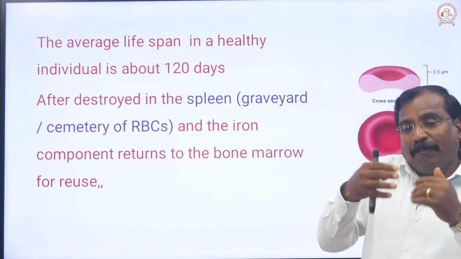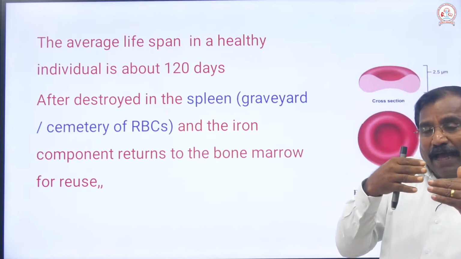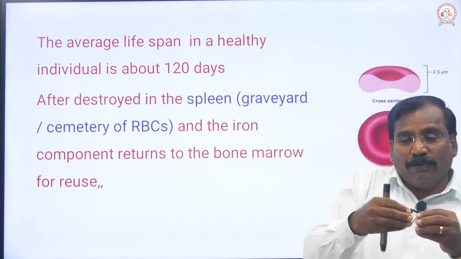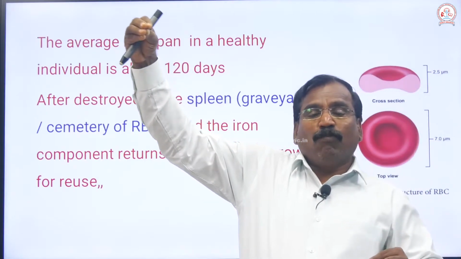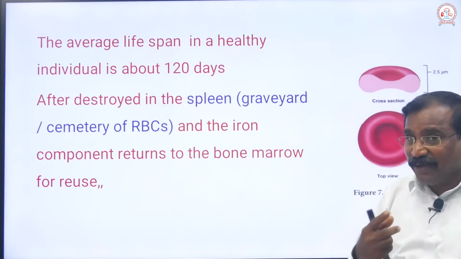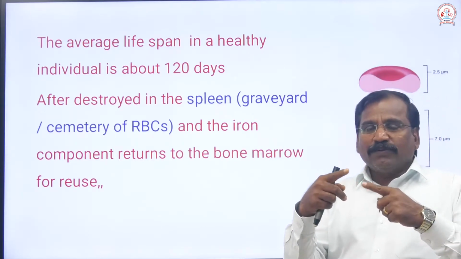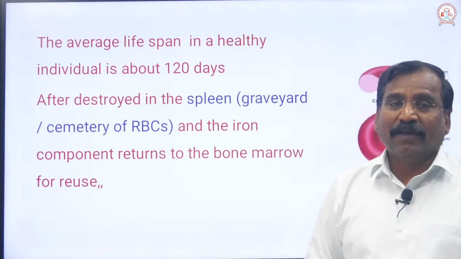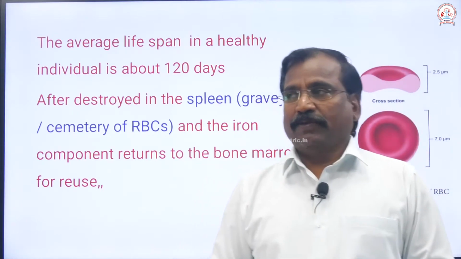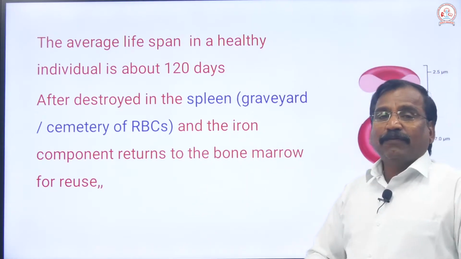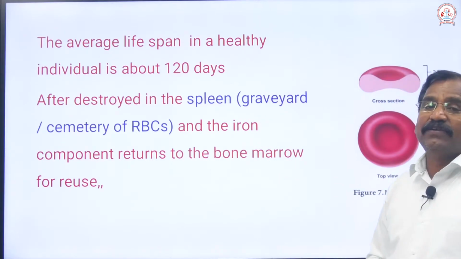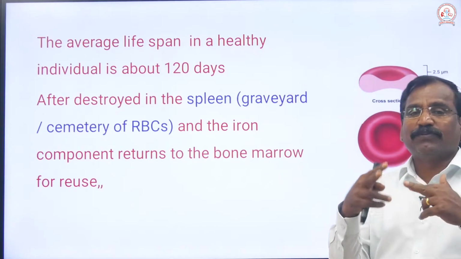After decomposition, the iron molecules come to the bone marrow for reuse. Using those iron molecules, new RBCs are produced in the bone marrow. Since the lifespan is short, at 120 days, new RBCs are produced.